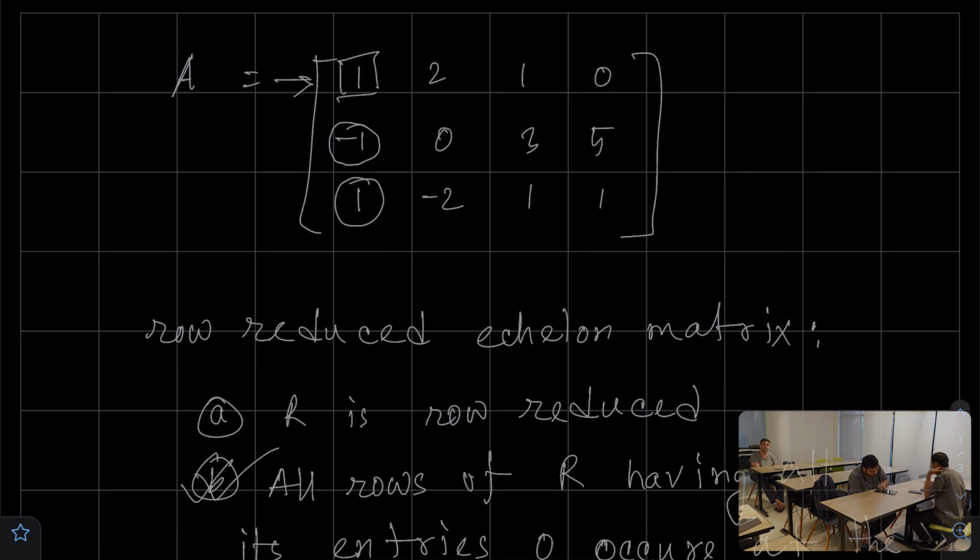Then what you can do is apply R1 plus R2 equals R2 prime, right? And for row 3, you can apply minus 1 times R1 plus R3 equals R3 prime.